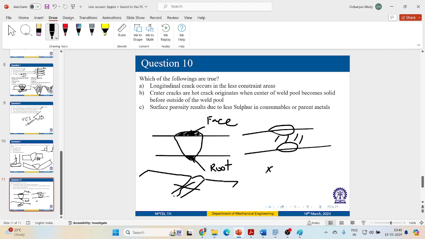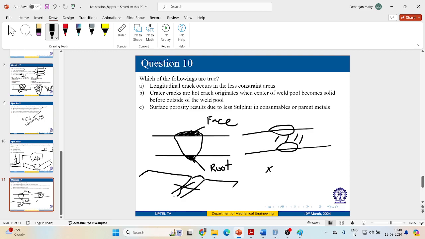If the center of the weld pool becomes solid before the outside of the weld pool, during the cooling there will be those tensile residual stresses. So wherever the center of the pool becomes cooler compared to the surrounding one, there will be stretching from the surrounding one, and it will pull apart the weld pool and form the crack, right?